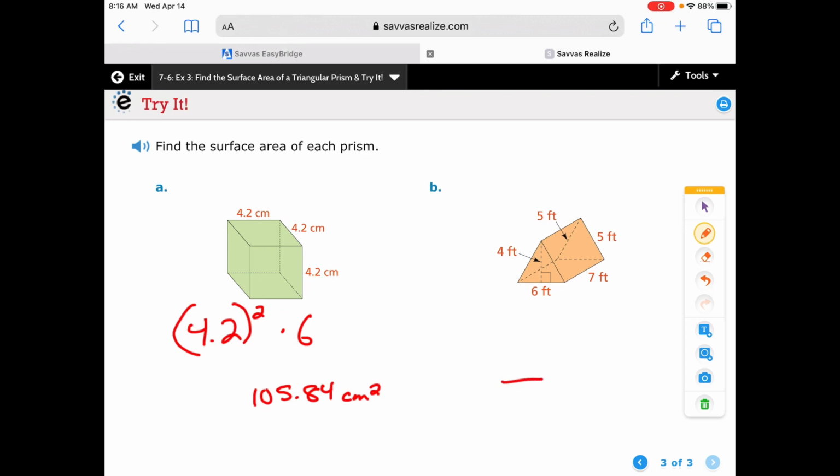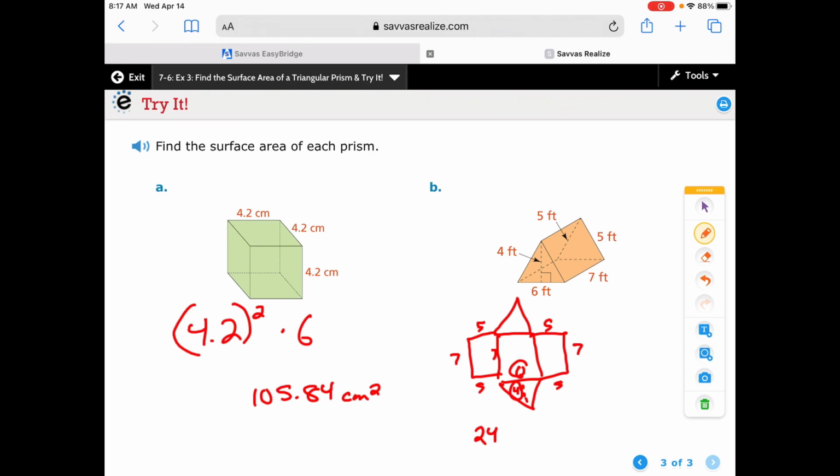So here I'll draw the net of this particular shape. It kind of looks like a tent. Not the prettiest drawing, but we got 6, 7. We know our height is 4. This is 5, this is 5. This is 7, this is 7. This is 5, this is 5. So let's do the triangle. 6 times 4 is 24.